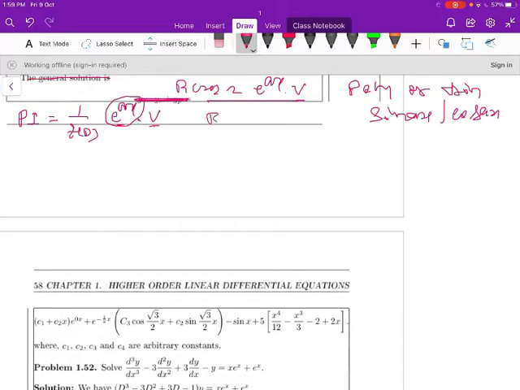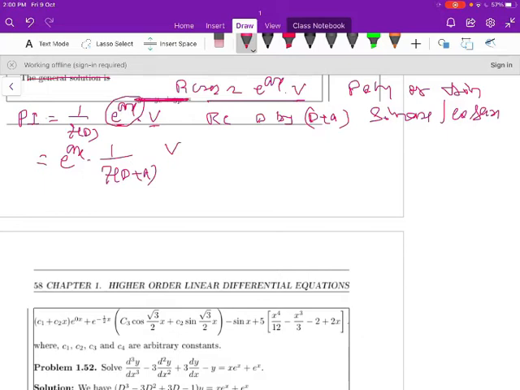In the case of product of two functions, replace D by D plus a, where a is the coefficient of x in the exponential function. So once you opt for the exponential function, e power ax comes out, 1 by f of D plus a into v.